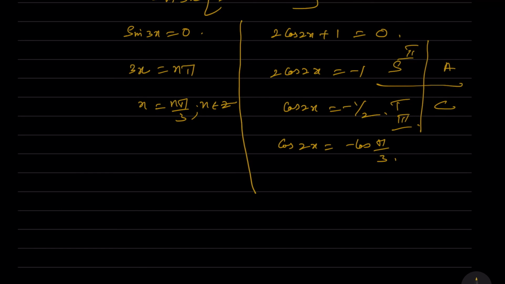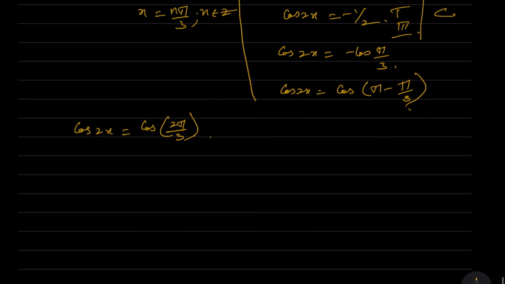Therefore you can write this as cos 2x is equal to cos of pi minus pi by 3, so cos of 2x is equal to cos of 2 pi by 3.